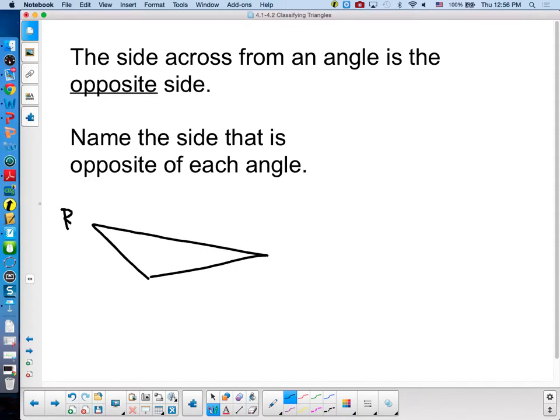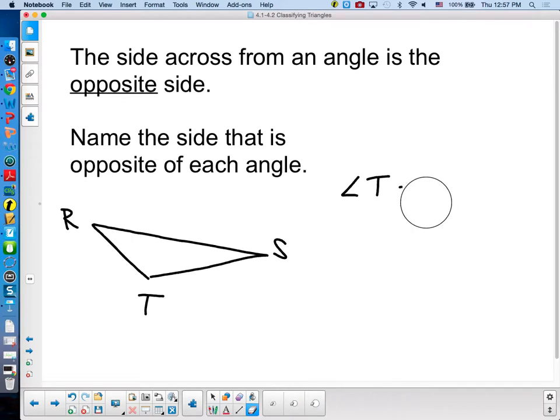We'll call it RST. It says name the side that is opposite of each angle. So if I'm looking at angle T, what side is it opposite of?